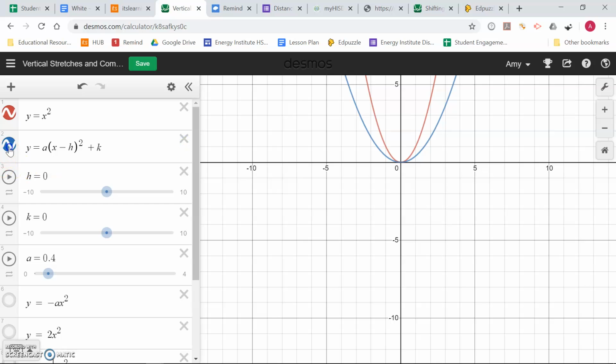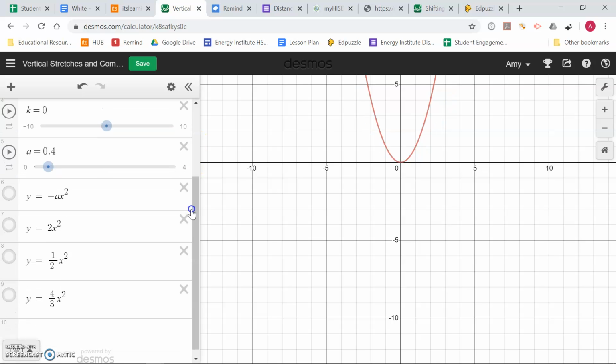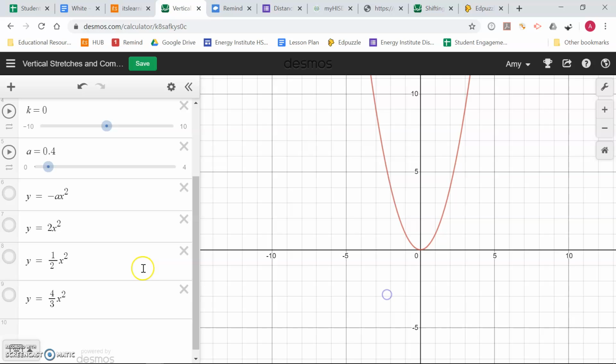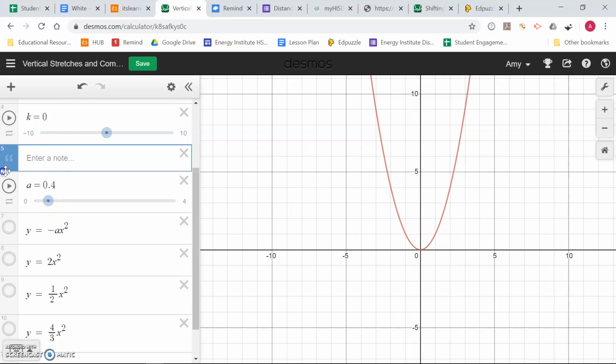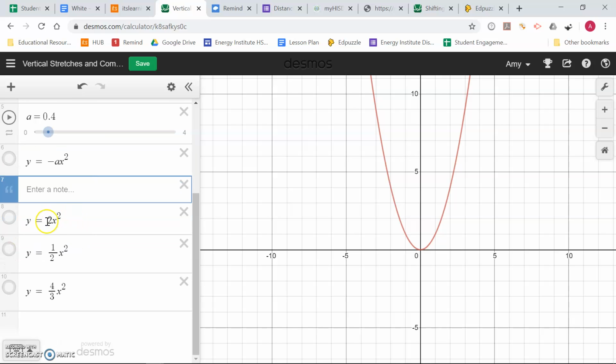So now that we've done some examples, we have our parent function, and let's predict what is going to happen when we have these different transformations. So when I have A equal to 2, since A is greater than 1, right? 2 is greater than 1, so it will be a vertical stretch.